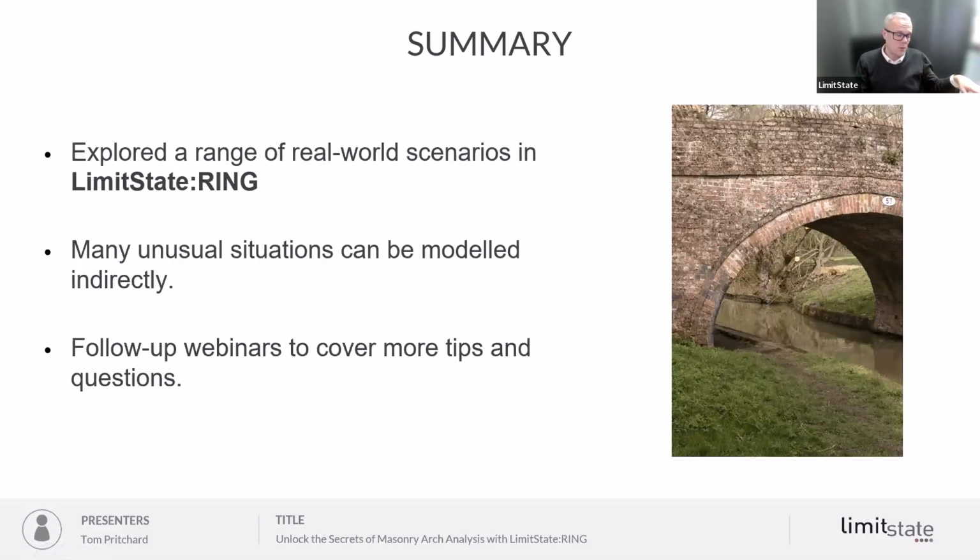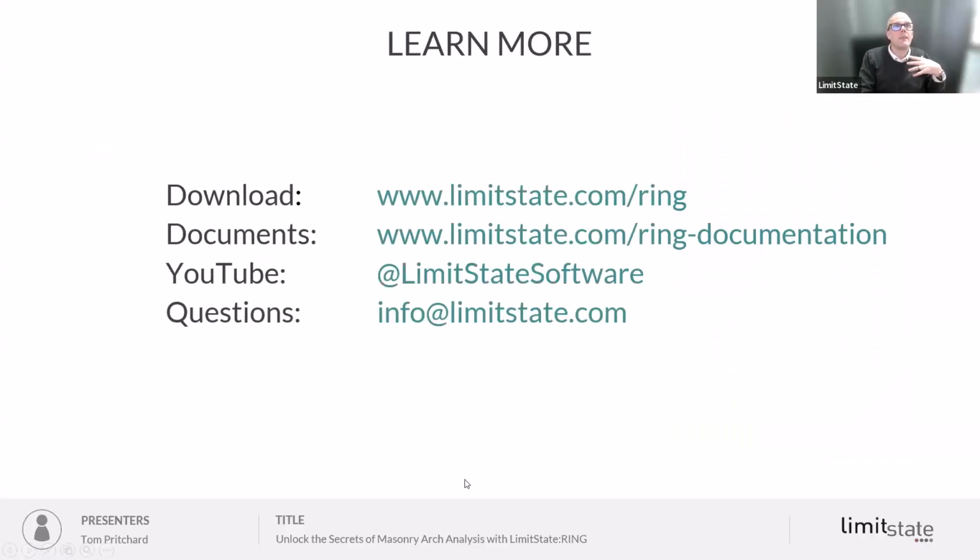So if you do find that you are experiencing some sort of unusual geometry or features at your site, then do let us know and we can see if we can work out a way that we can model those either directly or indirectly within the software. But like I say, I realize that there are a lot of different things that might be useful to people, so we're going to have follow-up webinars to cover more tips and questions.